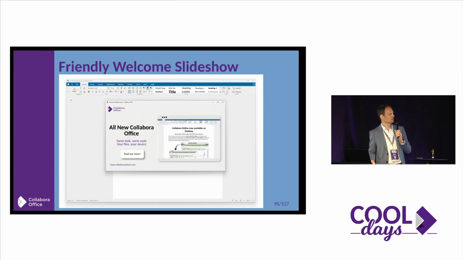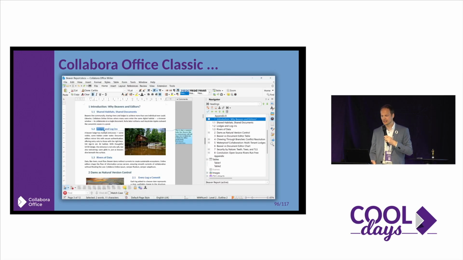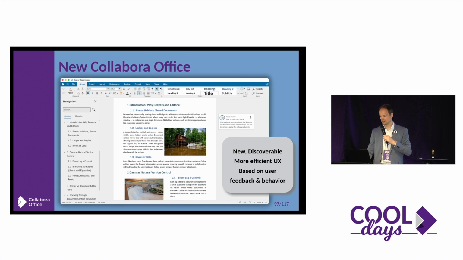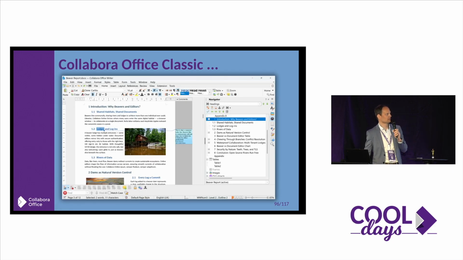So let's look at a number of nicer pictures here. This is how you're greeted when you start the Collabora desktop version, the Collabora Office. You get a very nice, friendly welcome slideshow that presents you with the features. And it just looks nice. So compare that Collabora Office Classic with this one. The same feature, the same thing. So you see the navigator there, the document structure.